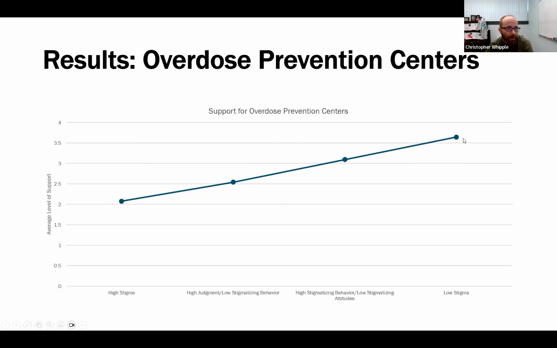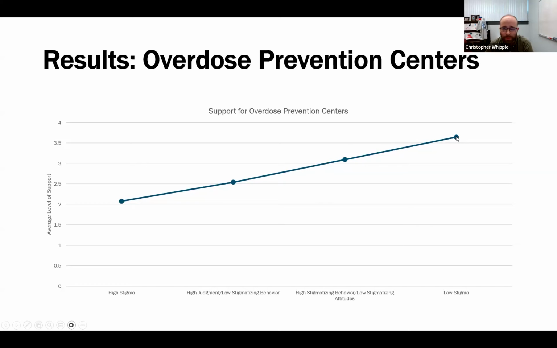And you can see pretty clearly people who had low stigma were much more supportive of overdose prevention centers being used, followed by the high stigmatizing behavior, low stigmatizing attitudes group, then high judgment, low stigmatizing behavior, and obviously our lowest support was from our high stigma group. So you can see here that some of these are different, but not incredibly different.